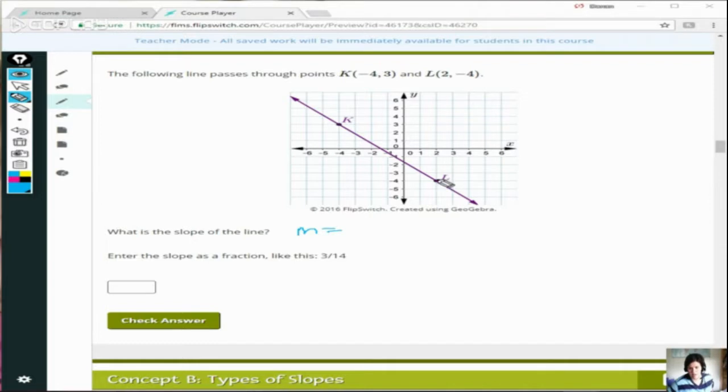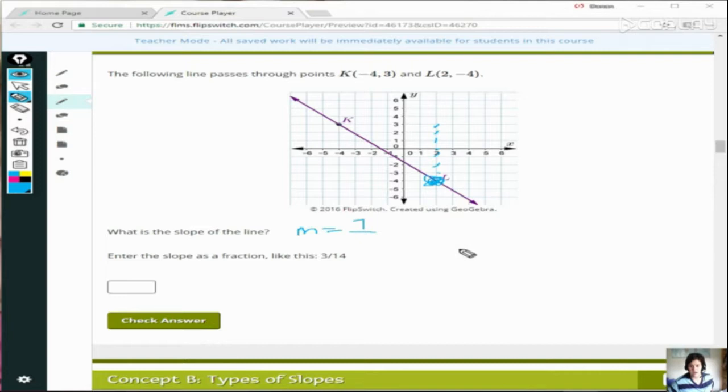So say I pick L as my starting point, and I'm going to end at K. I want to know how fast it's changing to reach K. So we're going to go vertically, count 1, 2, 3, 4, 5, 6, 7. So it went up 7. That means it is a positive 7. If I had to count downwards, it would be a negative, because you're going down. So positive, you're counting up, negative, you're counting down.